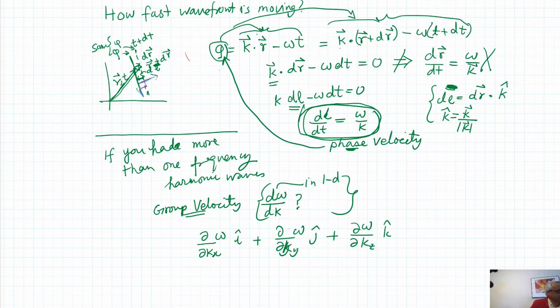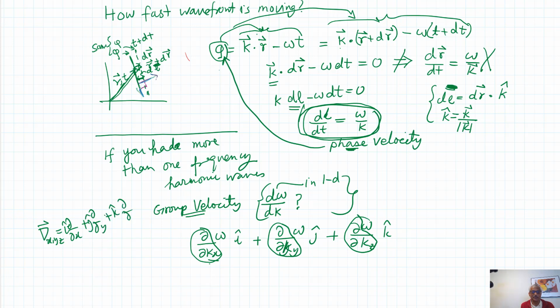and you can see I'm writing this derivative in a weird space. It might remind you that this is some kind of del. If you're using x, y, z, this vector operator was d dx i hat plus d dy j hat plus k hat d dz.